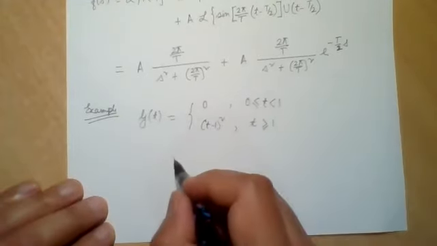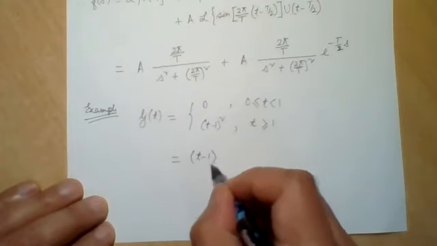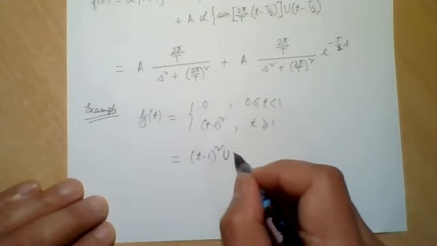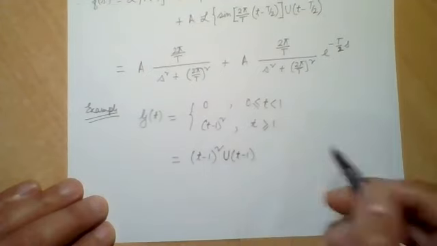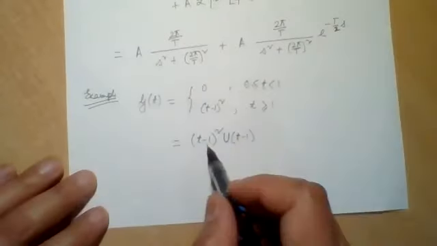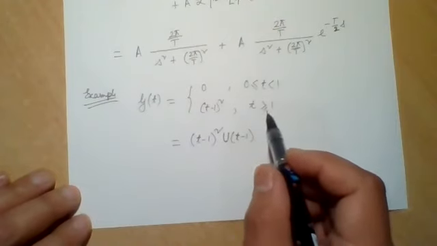So this can be written as t minus 1 whole square u of t minus 1.